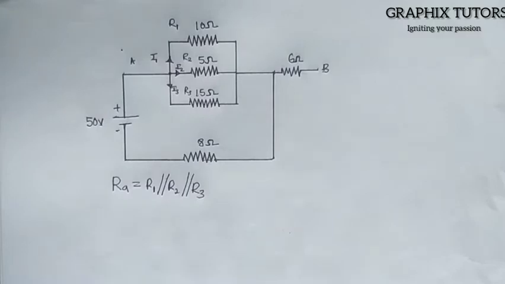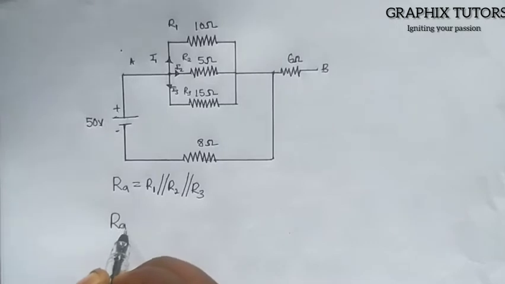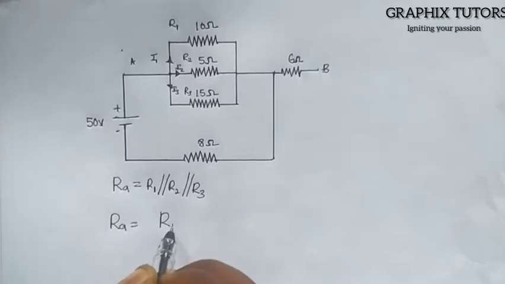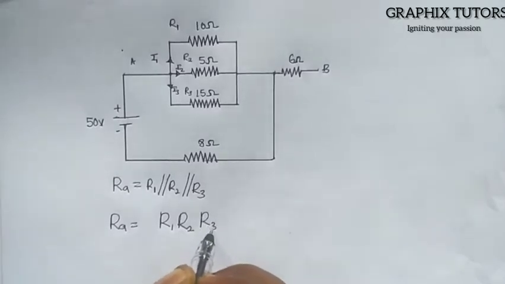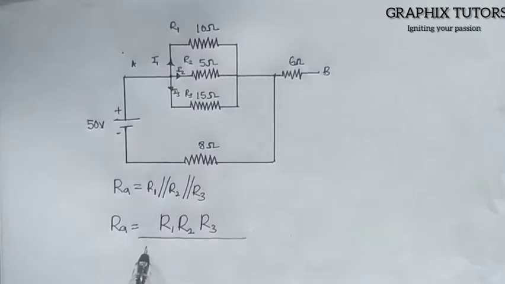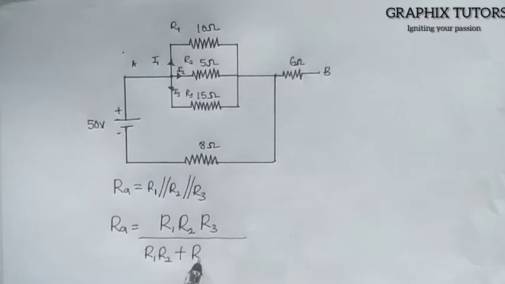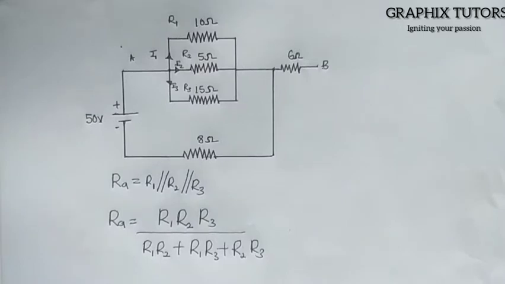There's a formula for this that says my RA will give us R1 R2 R3 all over R1 R2 plus R1 R3 plus R2 R3. This is the formula for it, instead of taking them one after the other for three resistors.